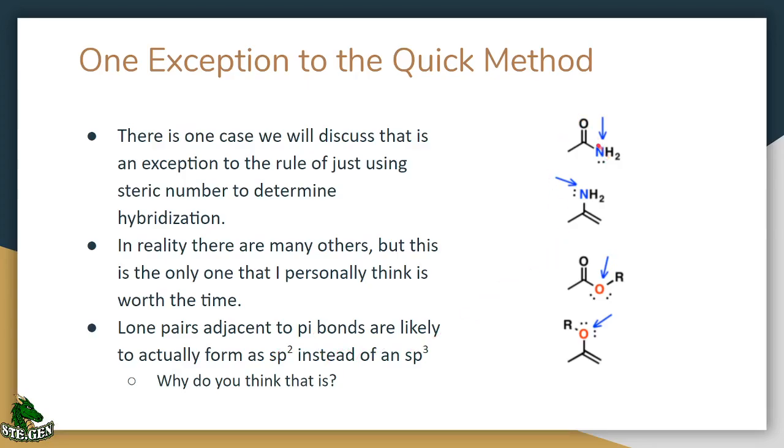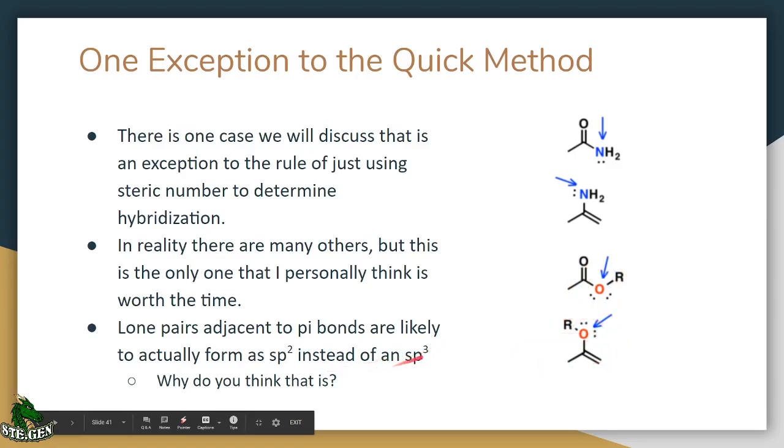So for example, this pair of electrons here, this would normally have been a steric number of 1, 2, 3, and then that would have been 4 because of the pair of electrons. So sp3 would have been for something that has a steric number of 4. Same thing here, same thing here, and same thing on this guy right here.